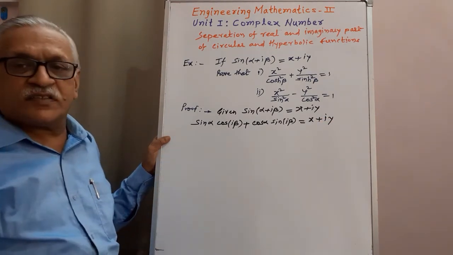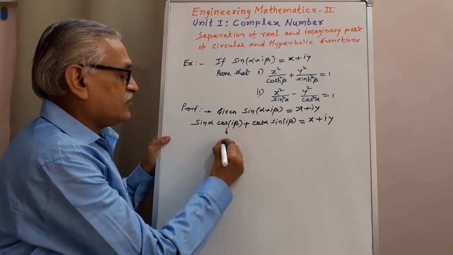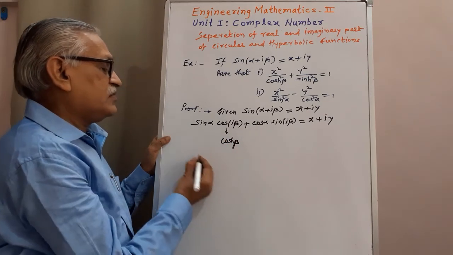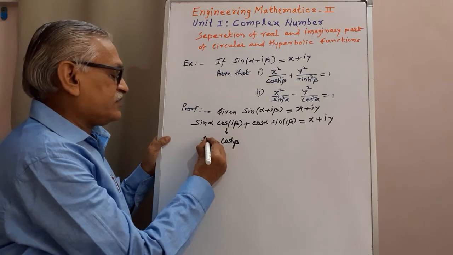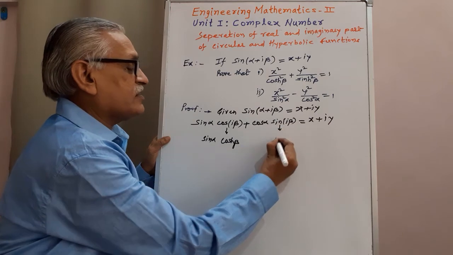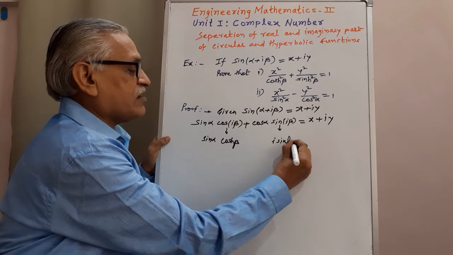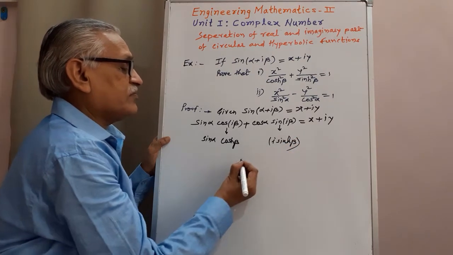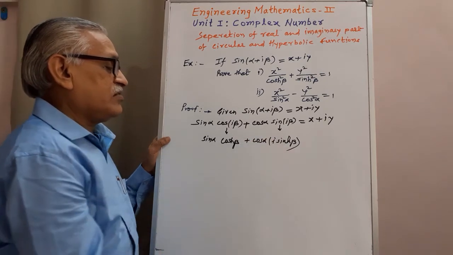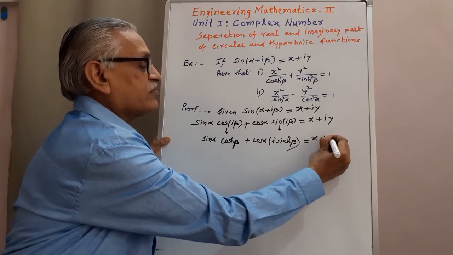Then using the standard formulas, we know that cos of i beta is cosh beta, sin alpha keeping as it is, and the sin of i beta is i sinh beta, keeping cos alpha as it is, and that is equal to x plus iy.